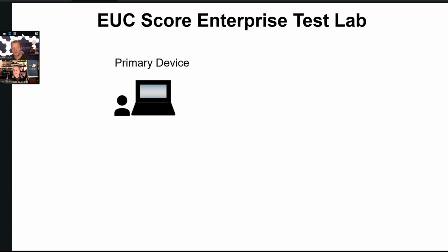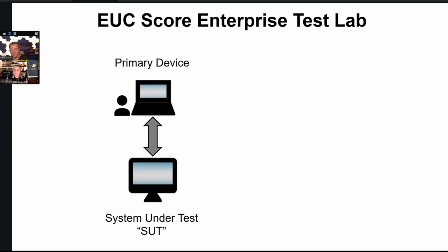And now if we look at the diagram of the test setup, we have the primary device. So this is the endpoint device I was referring to, and it is connected to the system under test.